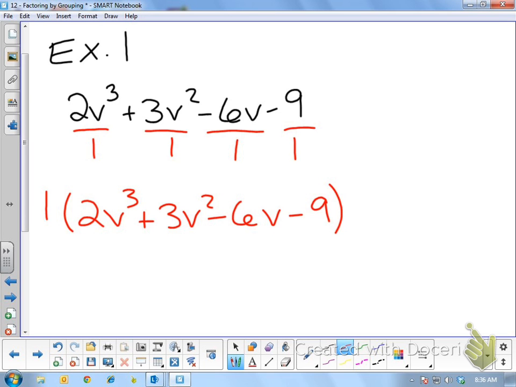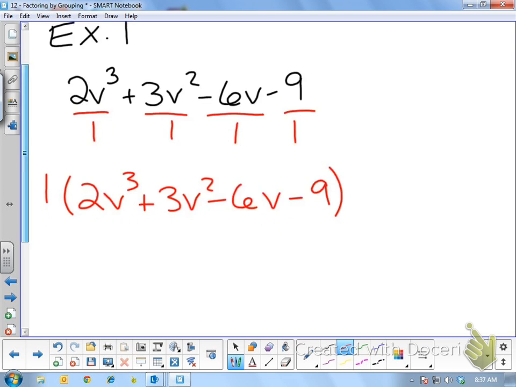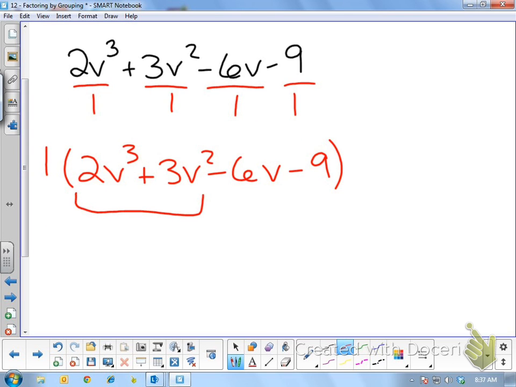Okay, we divided everything by 1 because that was the greatest common factor. Now we go through the process. What was the next step in my process? Form our groups. We form our groups and they're always the same. It's always the first 2 and the last 2.